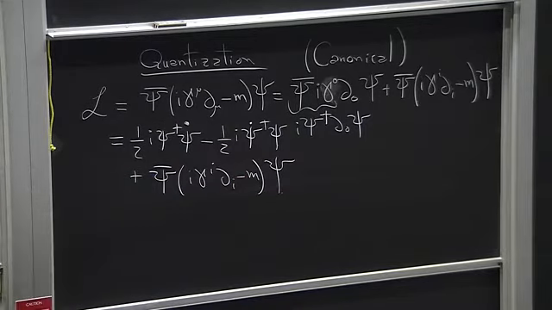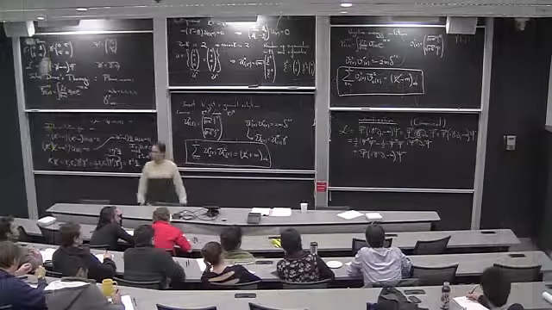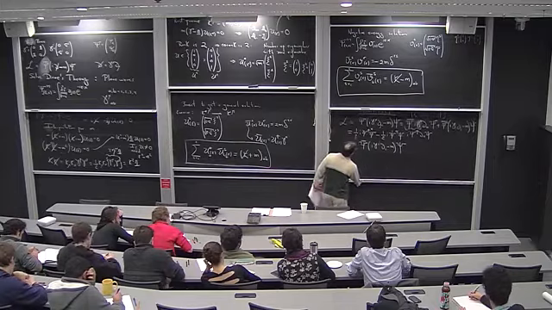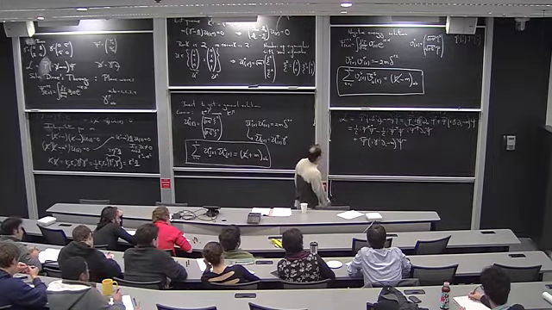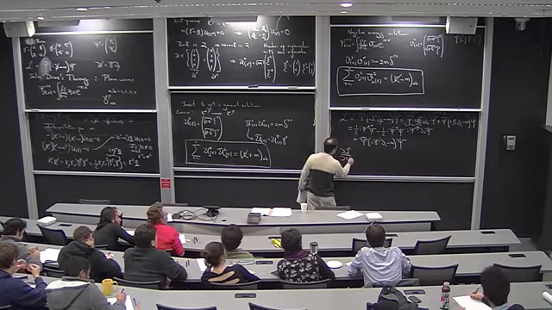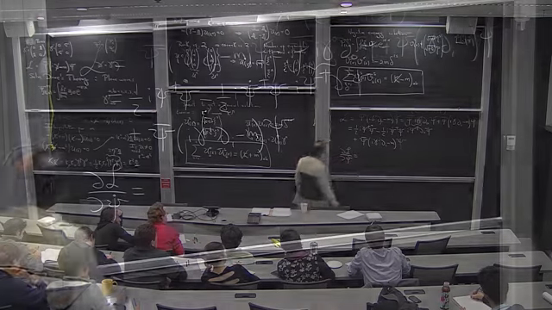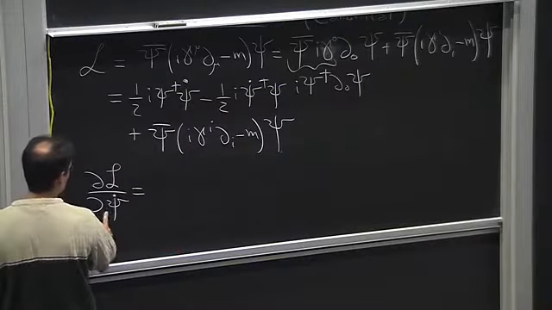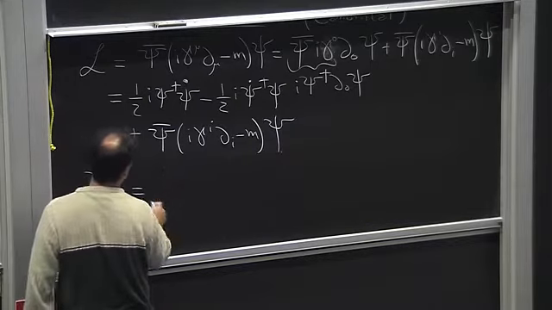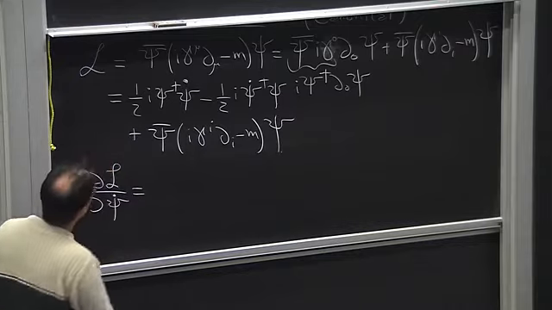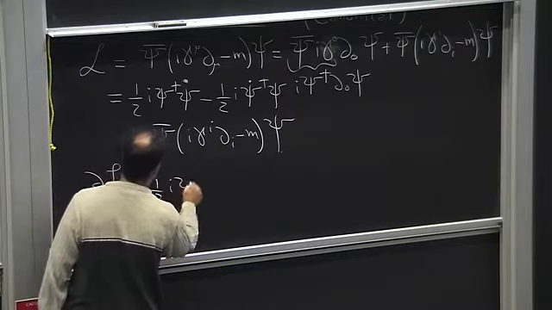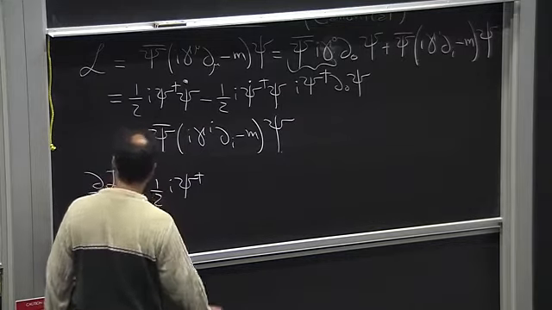The reason I'm doing this is so that when we compute the canonical conjugate momentum to psi or psi dagger, we get something nice. If we take the derivative of the Lagrangian with respect to psi dot, what do we get? We'll get a half psi dagger.